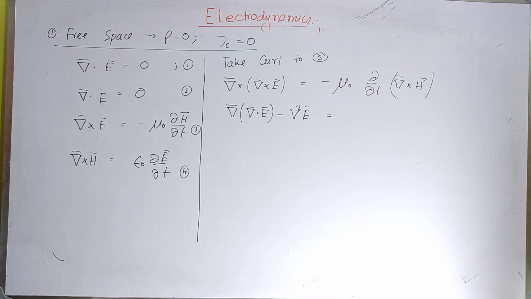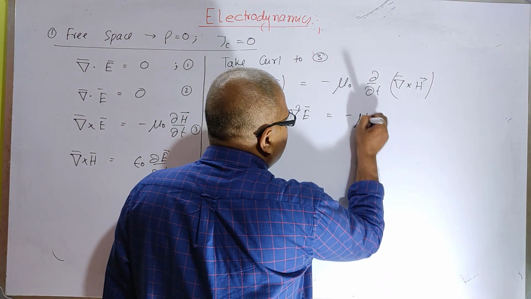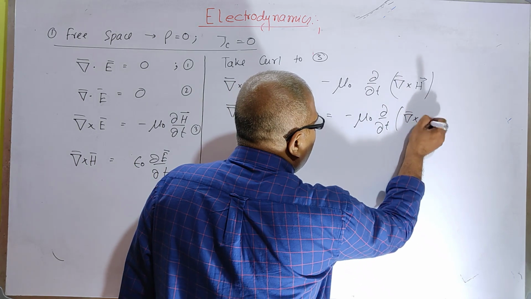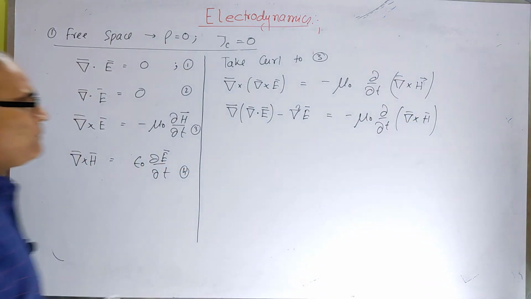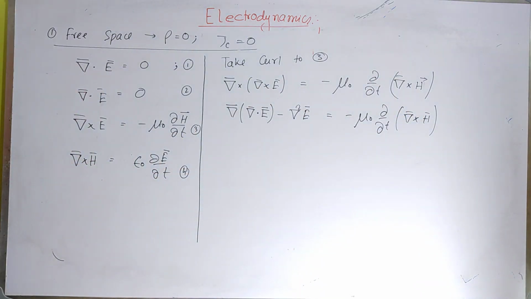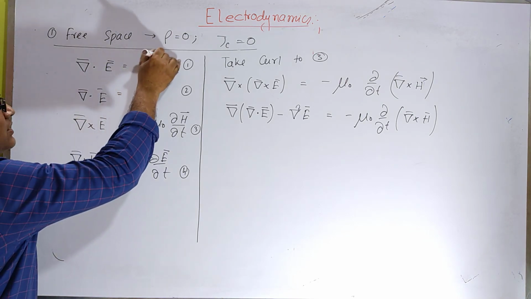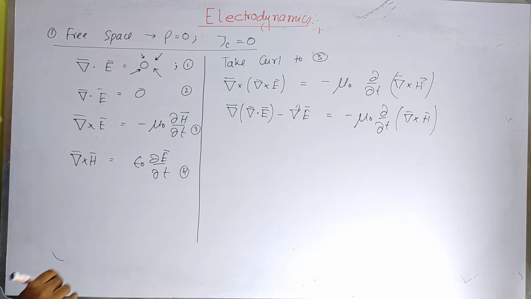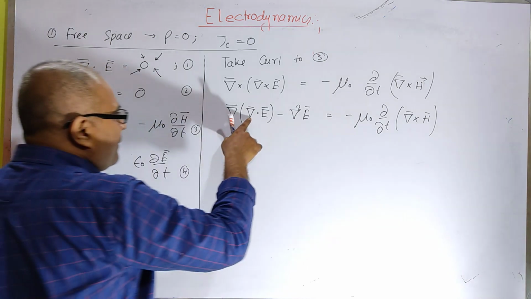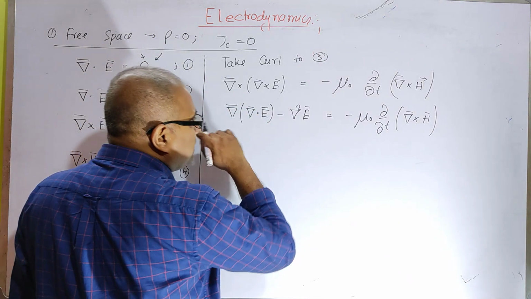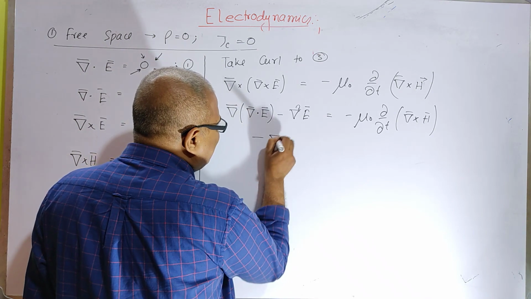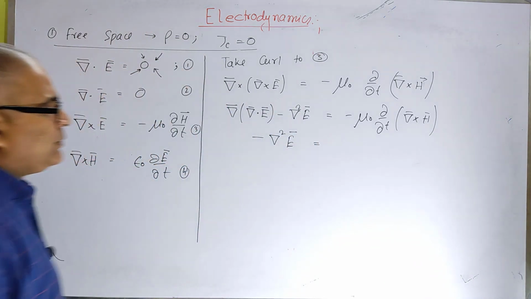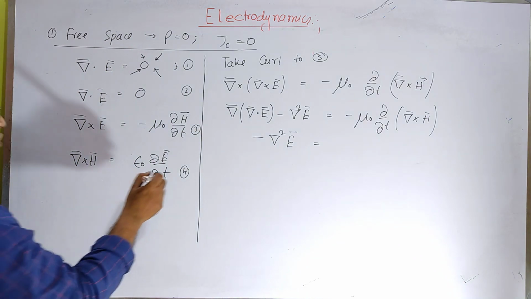And there is, as it is, minus mu naught del T of curl of H. So the equation tells you, I can simplify the expression, put 0 here, so there will be only del square E.